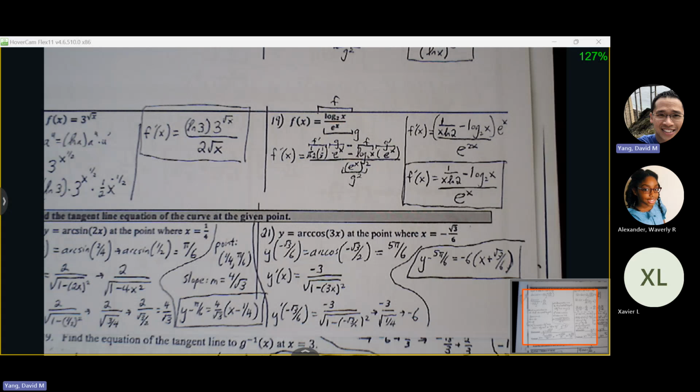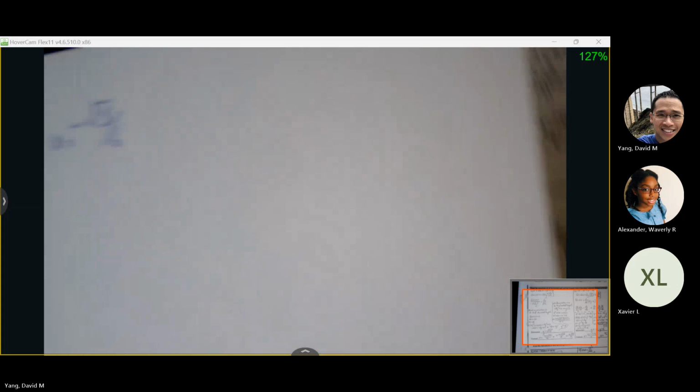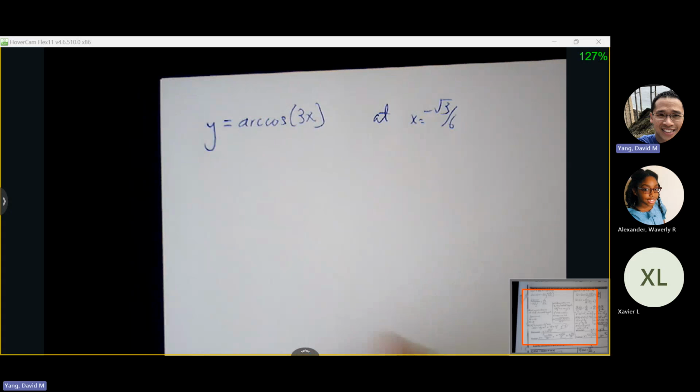Okay, so 21, we have y equals arc cosine 3x. So first, why don't we just go ahead and find the ordered pair? It's asking for a tangent line equation, so.